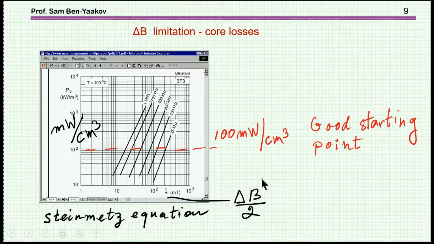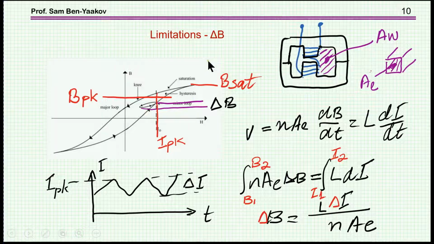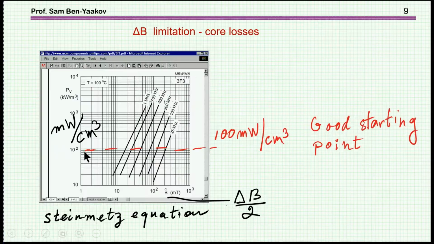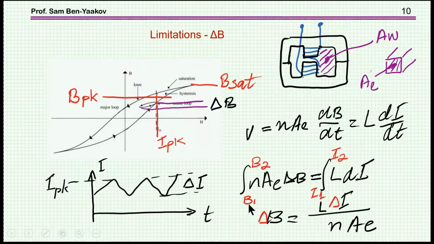So this is something that we assume at the first stage, and then we can iterate on it. We have this limitation of power from which we get the delta B. That is, once I decided on this limit and then I know what is the frequency, then this will determine what is the B hat, okay, and what is the delta B. So I know what is the delta B.